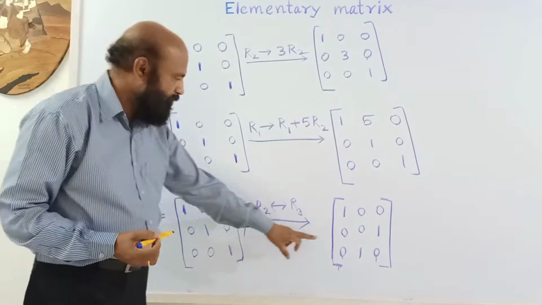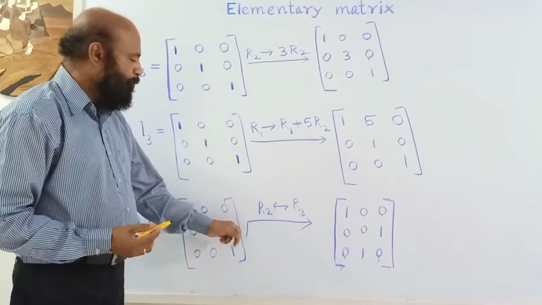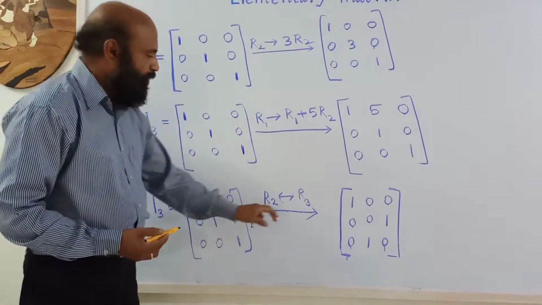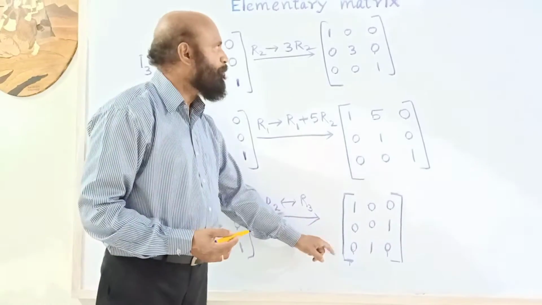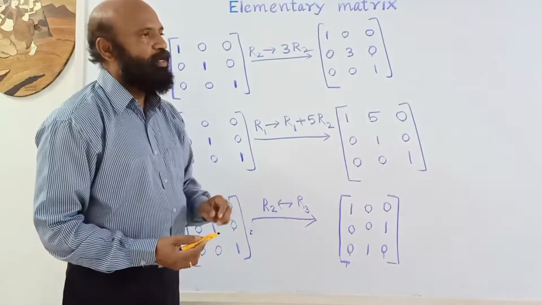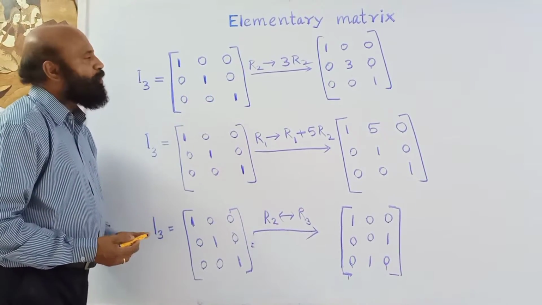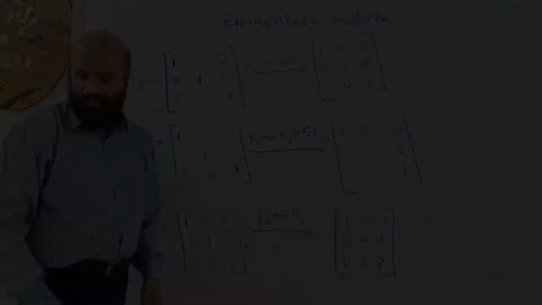Third row you write as the second row, second row you write as the third row. So we are performing only one elementary transformation and we are getting this from an identity matrix. So this is also an elementary matrix. So an elementary matrix is a matrix obtained from an identity matrix by performing only one elementary transformation.